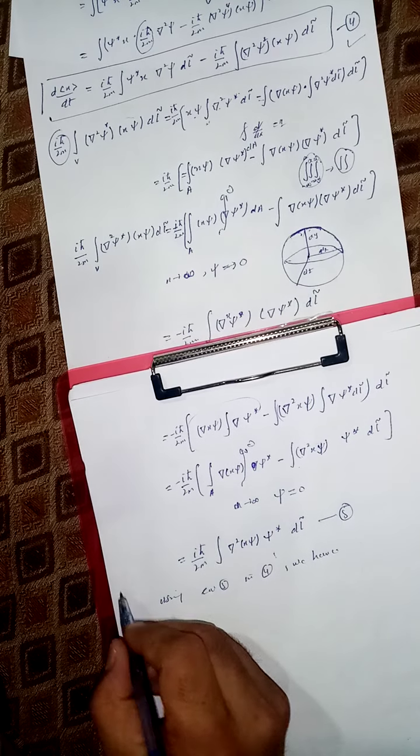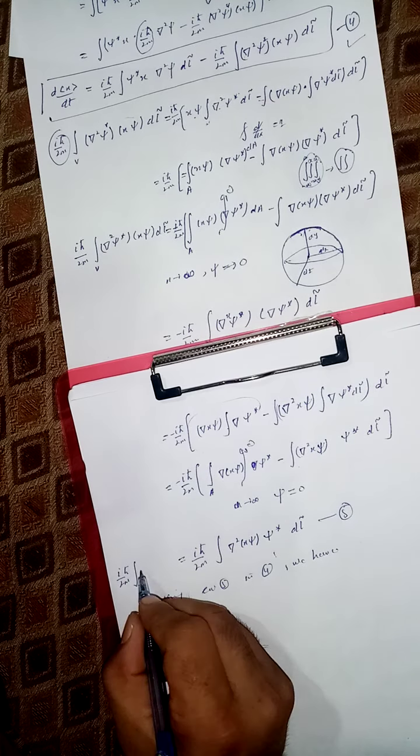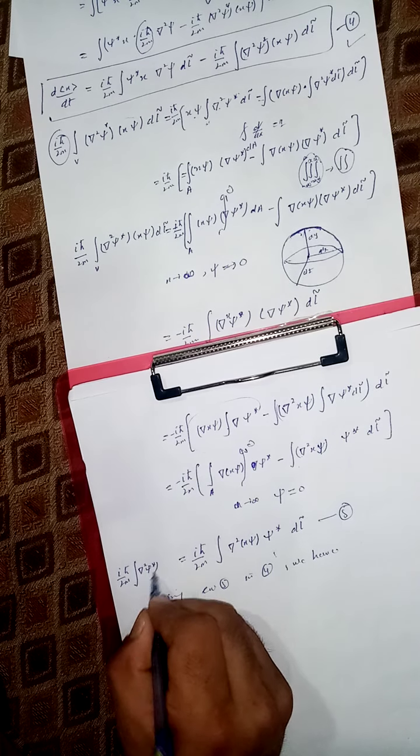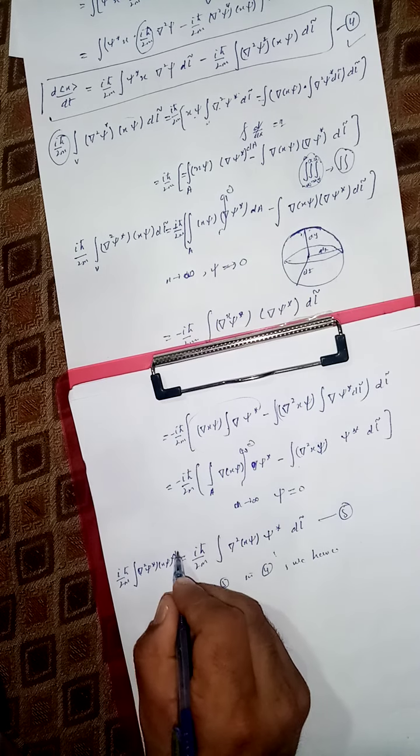This is iota h bar over 2m integral of del square psi star, and we have x psi d tau.